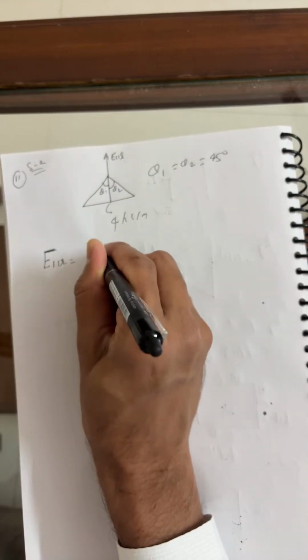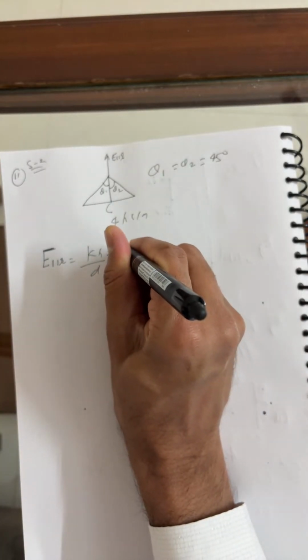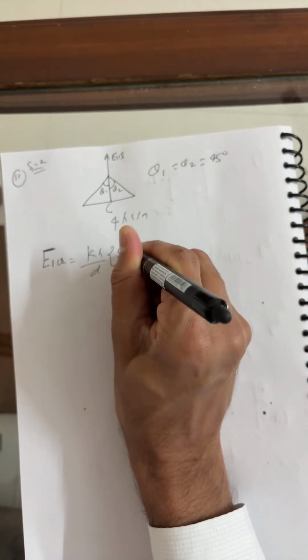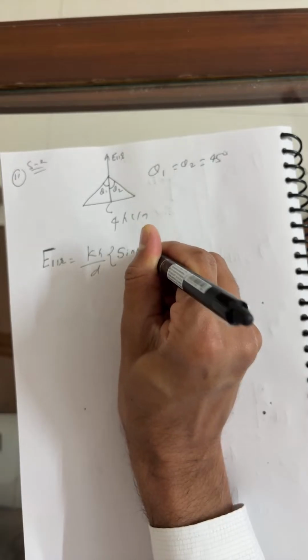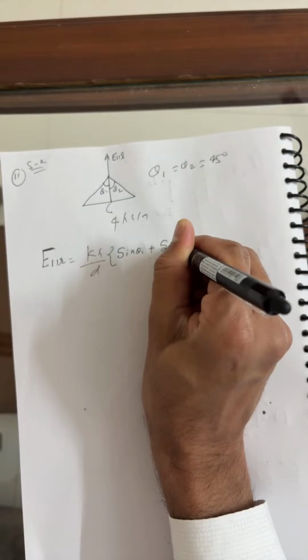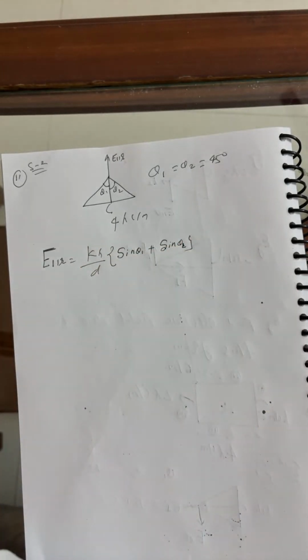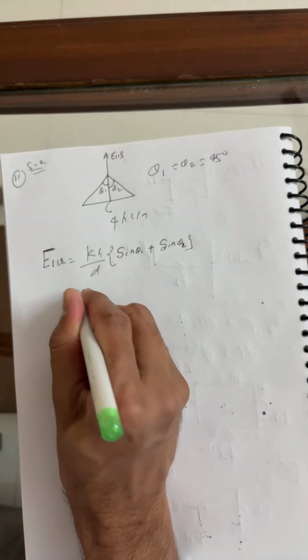Formula K lambda by D, into sine theta 1 plus sine theta 2. Both are 45 degree.